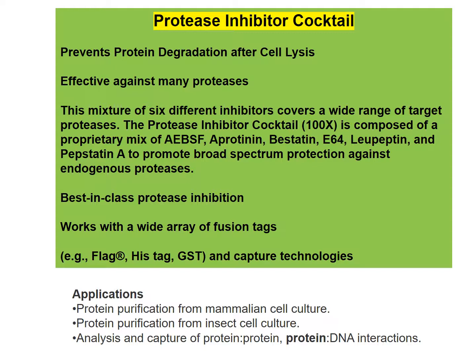There are different companies with different cocktail inhibitors, so you may have to search around for the right set of protease inhibitors. I think Promega has a 6 inhibitor cocktail that covers a wide range of target proteases that have been found in cells.